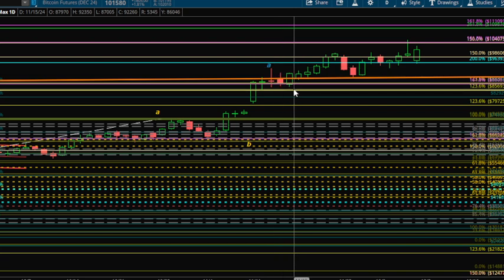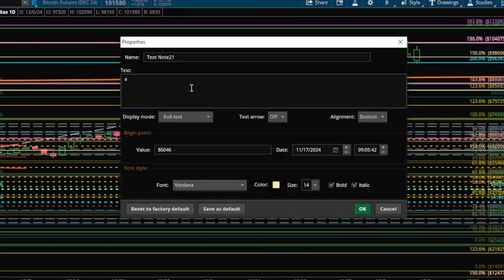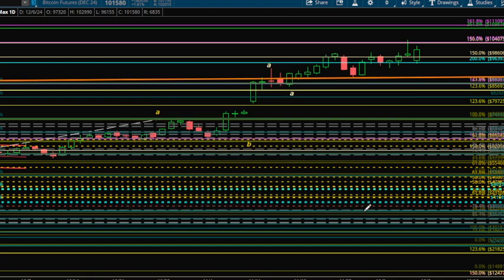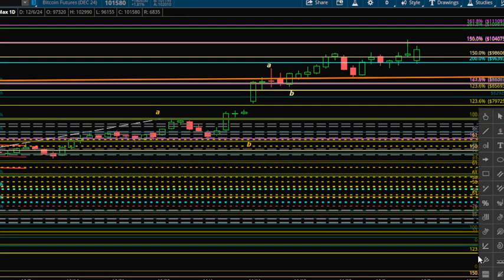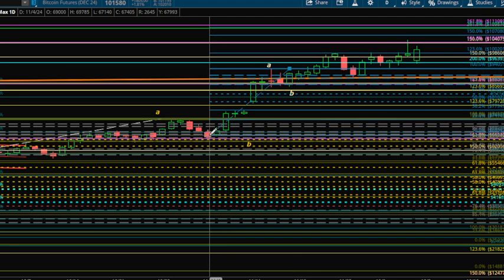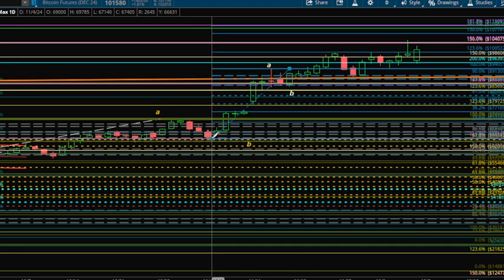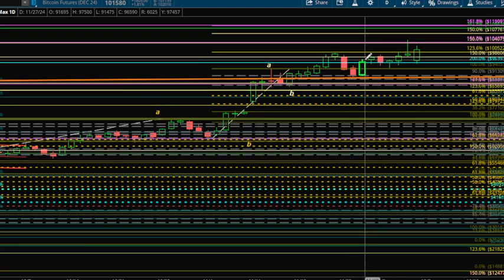So our B leg is AB here. Now this is going to be our final tune for our target. So we take this A leg here, measure it right here. Here's our 123, and it looks like it's consolidating right around here.